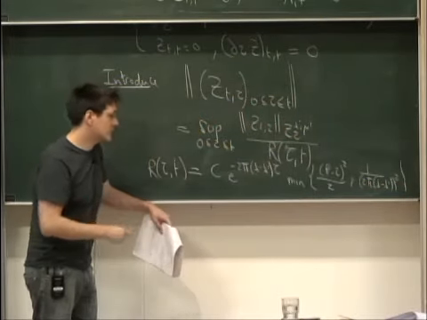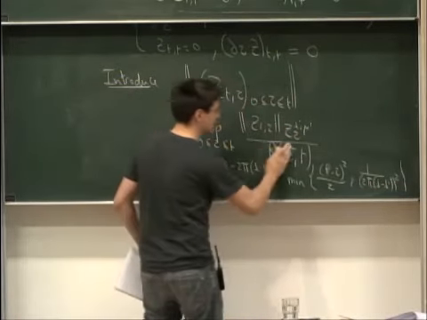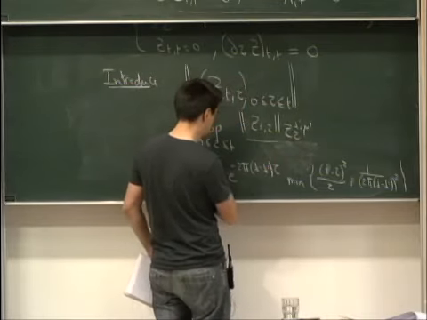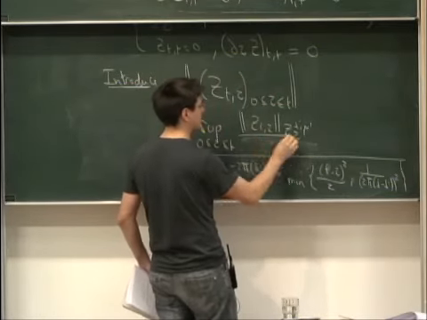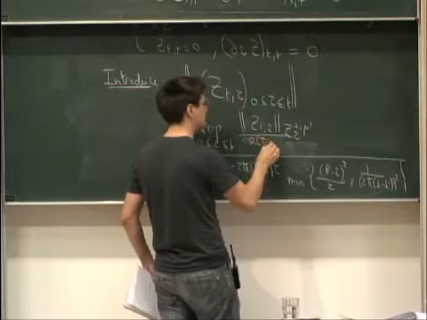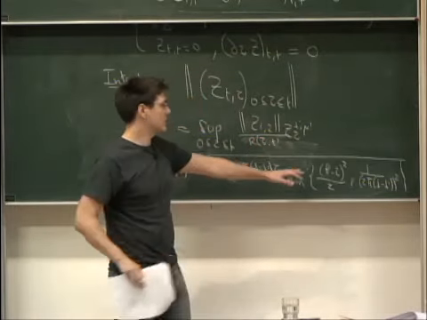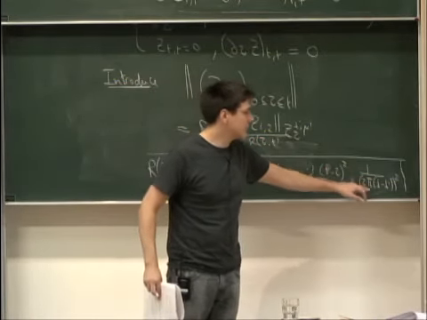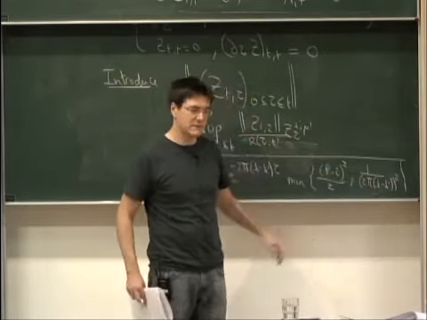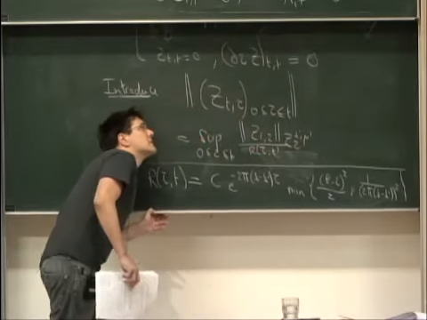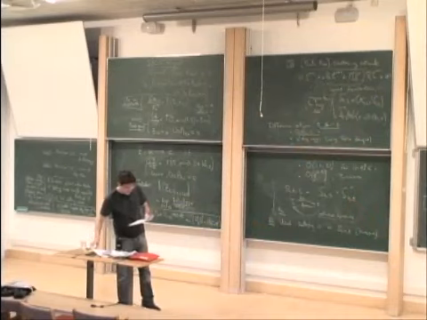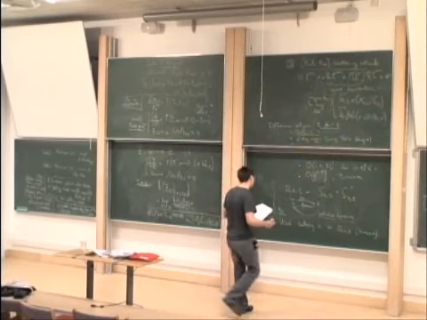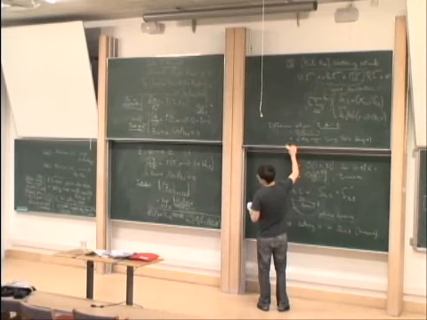So you see, it looks almost exactly the same as what is in the statement there, except you have a square here, and here you have a 2 pi. Well, don't mind too much. So then the strategy is the following.